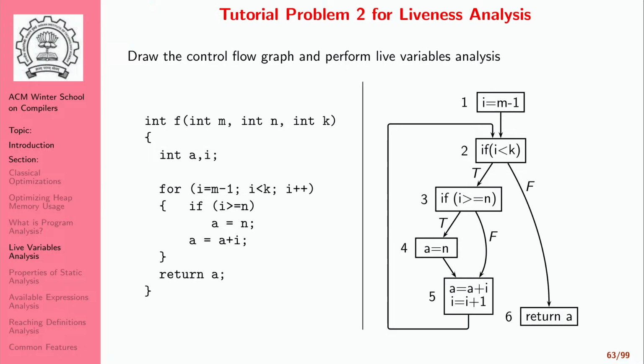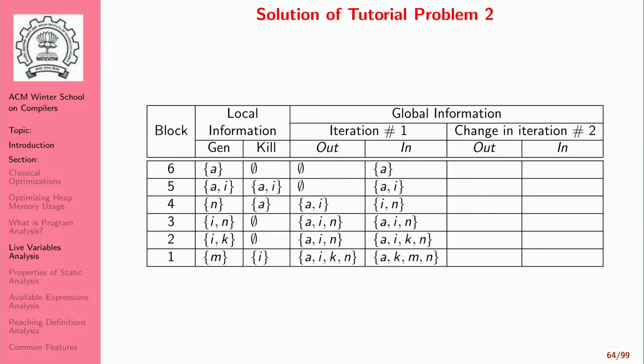A, N, I, K. All of them will become live. Now you are developing the intuitions that I want you to develop. So this is how the values will change in the second iteration. Just make sure that you understand them before we go to the next problem.